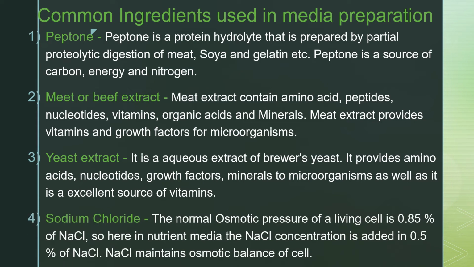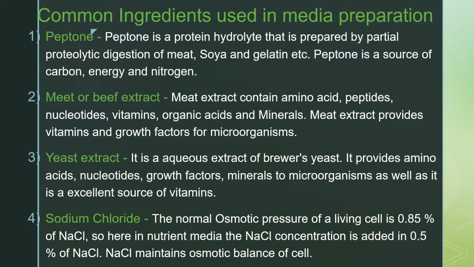Next is sodium chloride, that is NaCl. The normal osmotic pressure of a living cell corresponds to 0.85% NaCl. In nutrient media the NaCl is added at a concentration of 0.5%. Now what is the role of NaCl? NaCl maintains the osmotic balance.